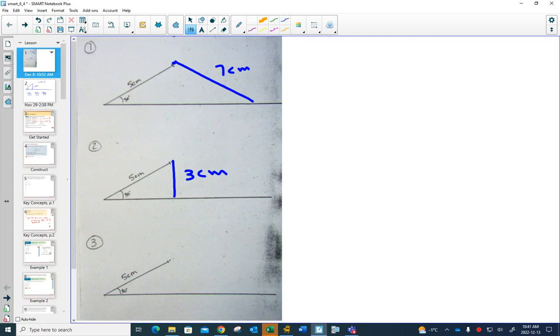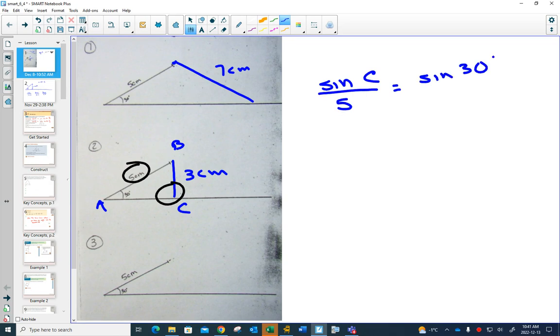Can you see that you would solve for this angle because it's opposite this one, and you know the 3 is opposite the third. So I could set my sine law, and I could say that sine of C over 5 is equal to sine of 30 over 3. Multiply both sides by 5.